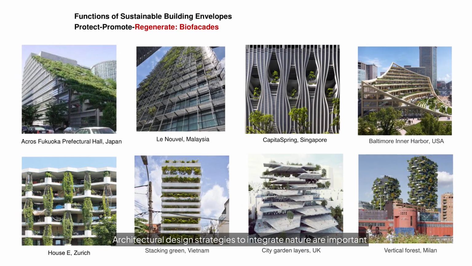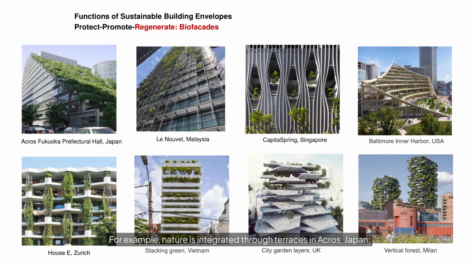Architectural design strategies to integrate nature are important because biofacades help transform buildings from passive enclosures into active agents within a broader network of urban ecology. These 8 precedent studies demonstrate how various architectural systems integrate nature through different geometric forms, facade structures, and types of vegetation.